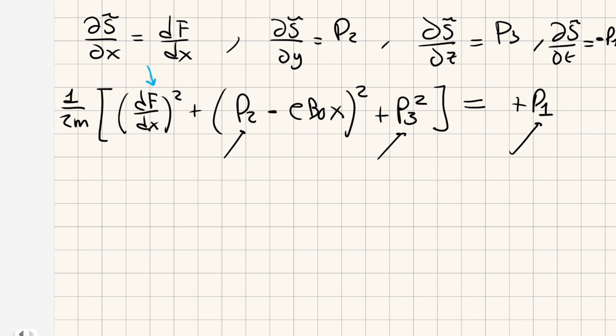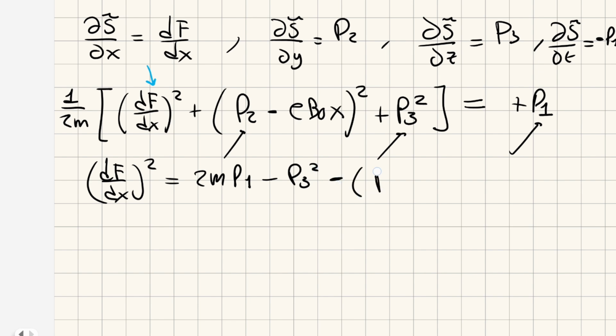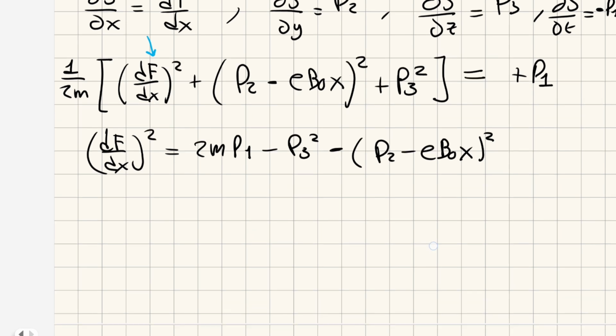I mean that we are going to get that the derivative of f with respect to x squared is going to be equal to 2m p1 minus p3 squared minus p2 minus eb0x squared. So here's where we are going to make a stop to recall why p1, p2, and p3 are constants.